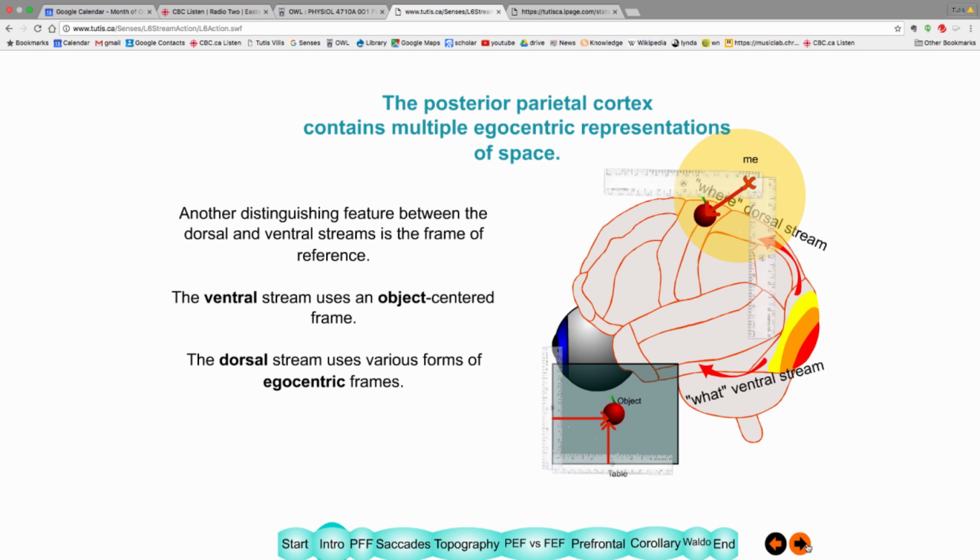Now, we saw that each of these streams used different coordinate systems. The one we'll study here works on the coordinate system relative to your body. And again, that part of the body depends on what type of movement we're going to consider. We'll see that each type of movement has perhaps a different egocentric frame.